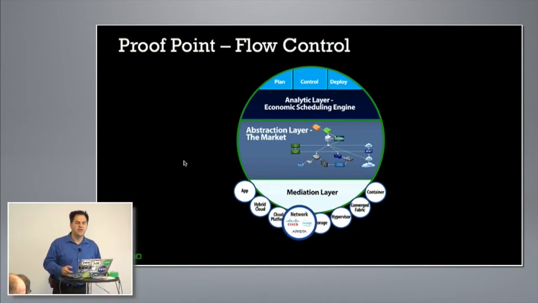flow information into VMTurbo. So VMTurbo makes decisions by understanding which application is talking to which application, how much traffic is going on between them, and we're also tapping into the underlay network, the actual physical infrastructure that delivers the connectivity, to understand how close those applications are to each other.